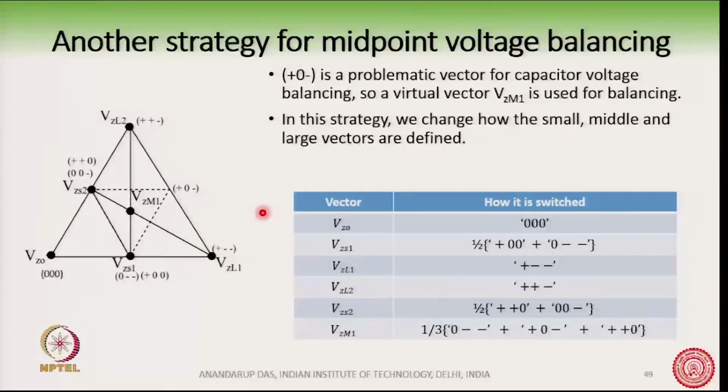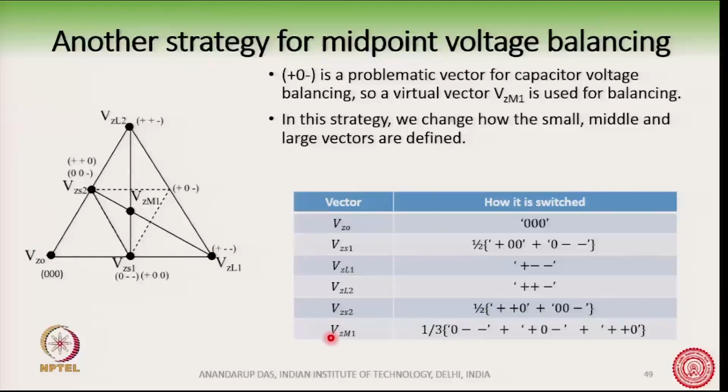Now, in our sector we do not have this vector. You can argue that we are utilizing this vector, but we are not specifying that there is a vector here. Instead, we are saying that these black circles are our available vectors in this sector. So, we are redefining the space vectors in this sector. And what is our new definition?